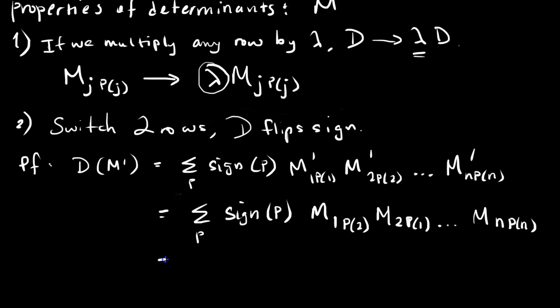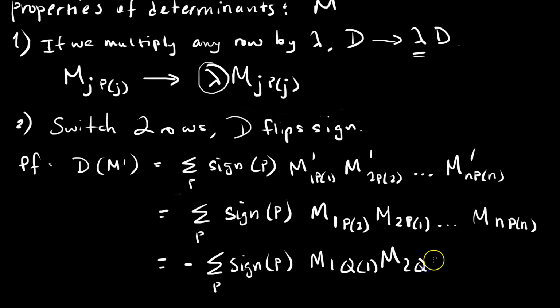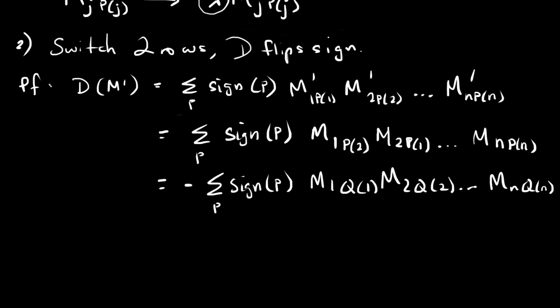Okay, and I can write this as negative sum over sign of permutation as M1 Q of 1, M2 Q of 2, all the way to Mn Q of n. And what is Q?